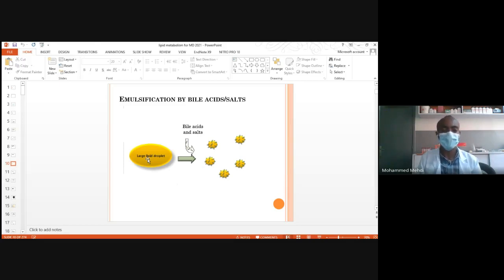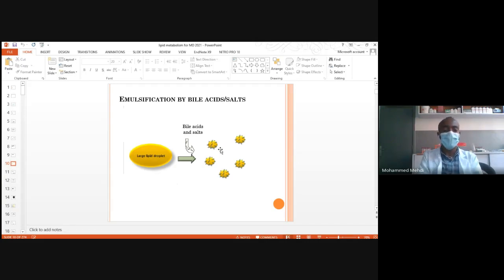But after bile acid or salt addition, this large lipid droplet will be disintegrated into smaller lipid droplets. The outer part of these droplets is covered by bile salts, bile acid, and phospholipid, making them soluble micelles that can be circulated or even be soluble in water.